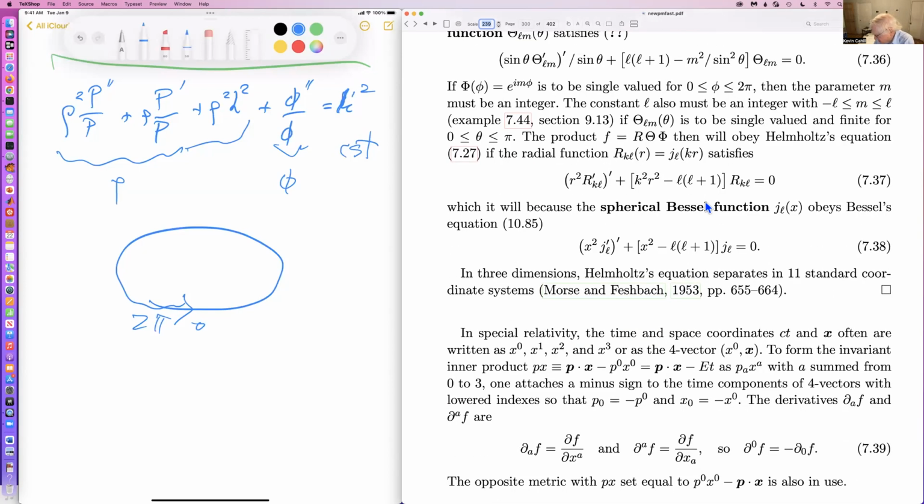Otherwise, m can be any real number, I guess, since m squared works in this equation.